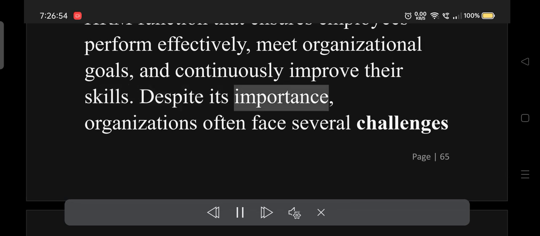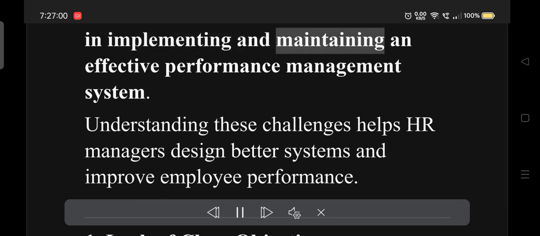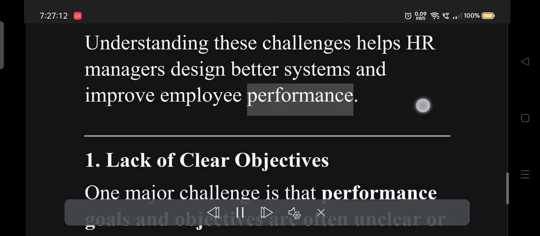Despite its importance, organizations often face several challenges in implementing and maintaining an effective performance management system. Understanding these challenges helps HR managers design better systems and improve employee performance.